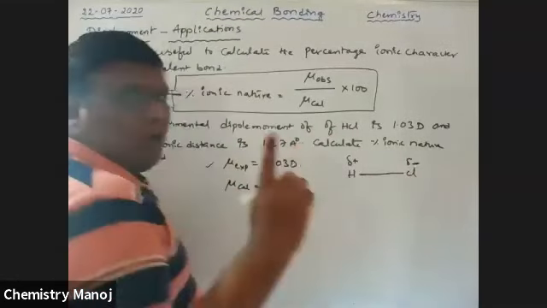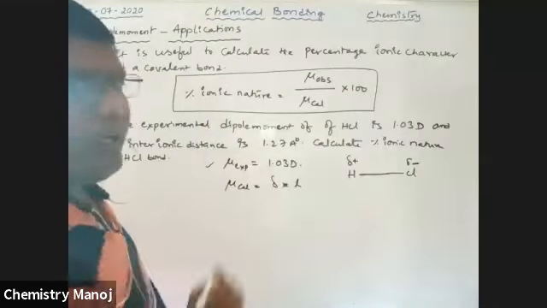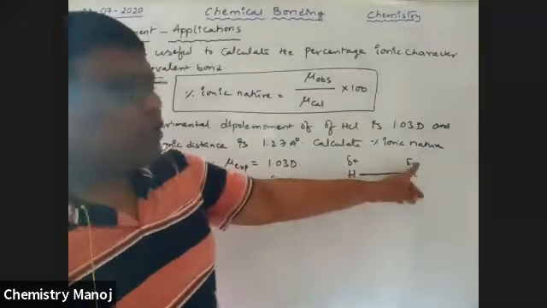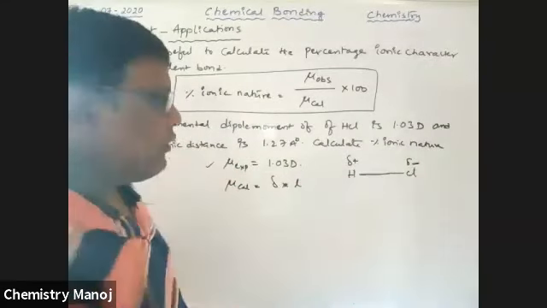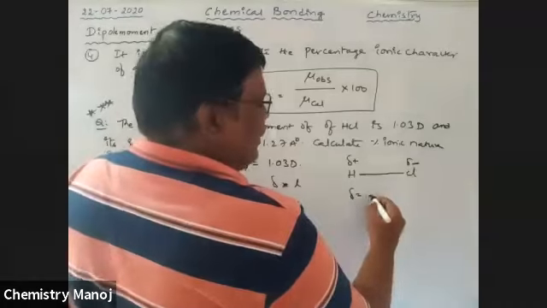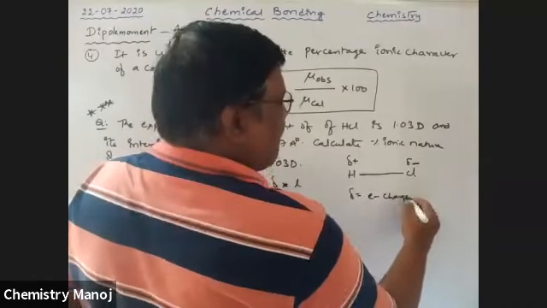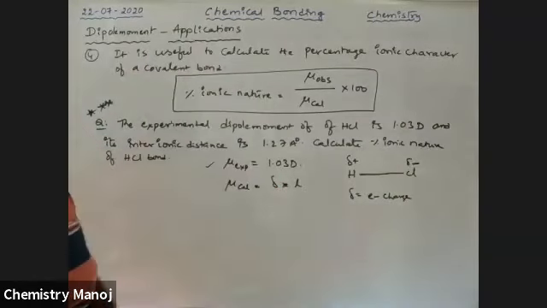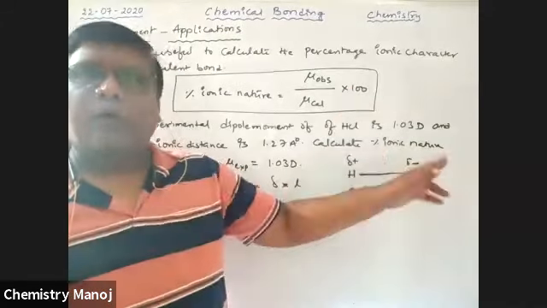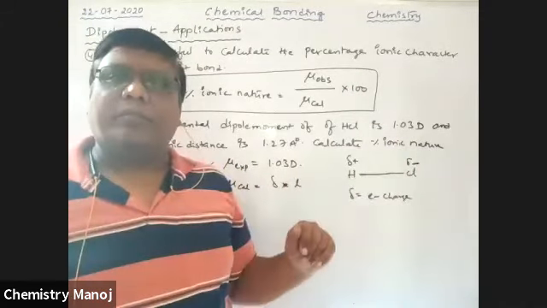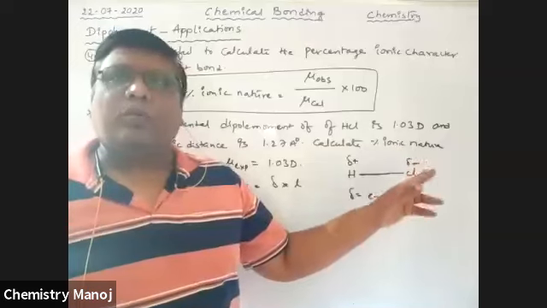So here the charge is minus 1. Minus 1 charge means one extra electron is needed by chlorine. Therefore the charge is equal to 1 electron charge. If it is minus 2, it is 2 into the charge of the electron.